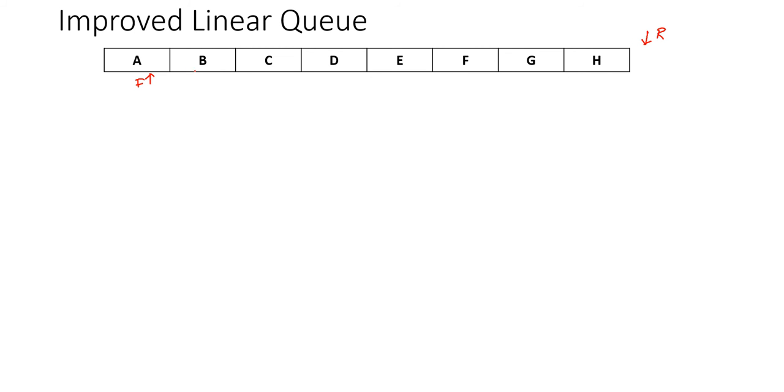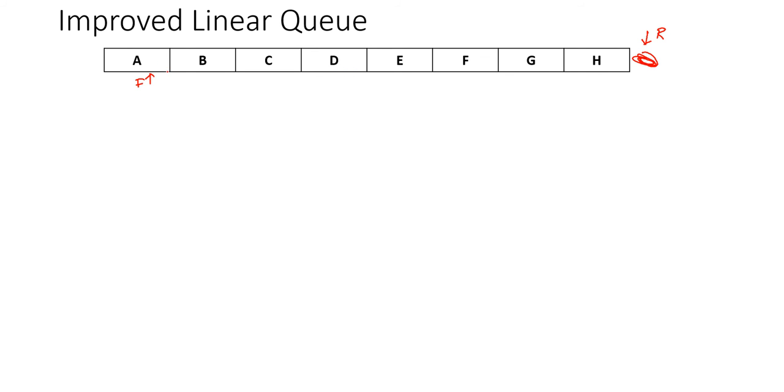The front pointer would point to the front of the queue, and then our rear pointer would point to the next available space. In this case, because we've got an array of 8 things here, we have got a full array, so it's pointing to nothing because there's no array space there.